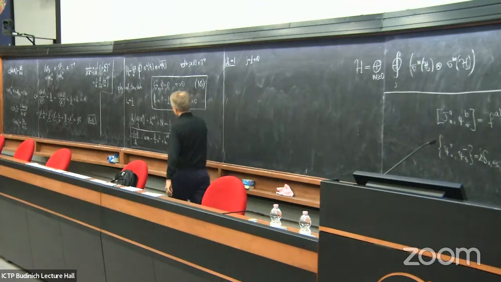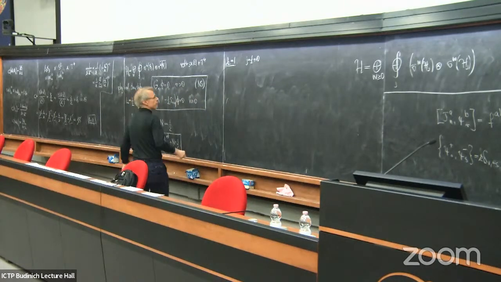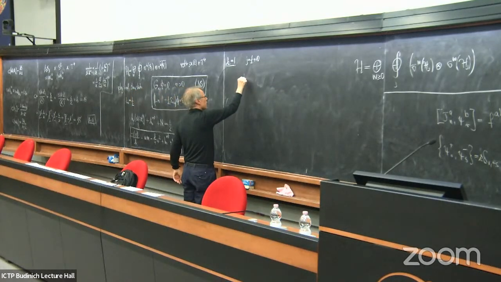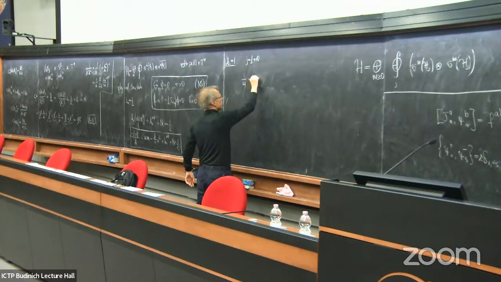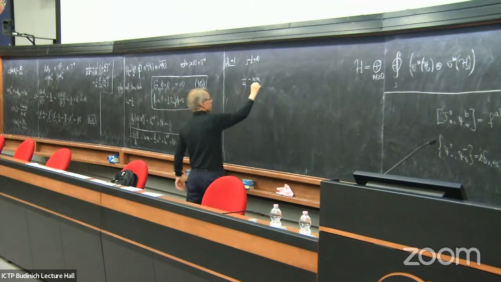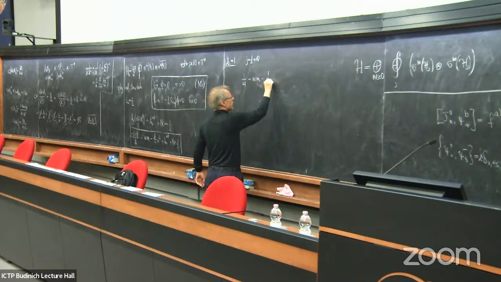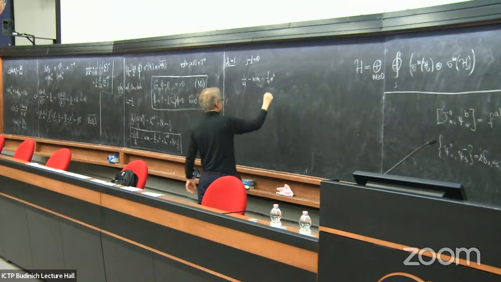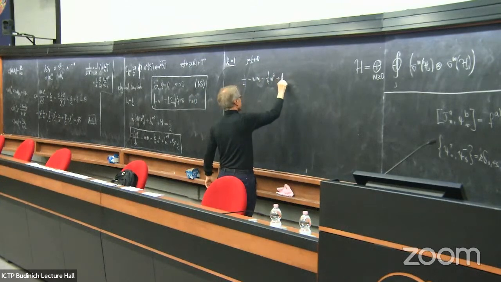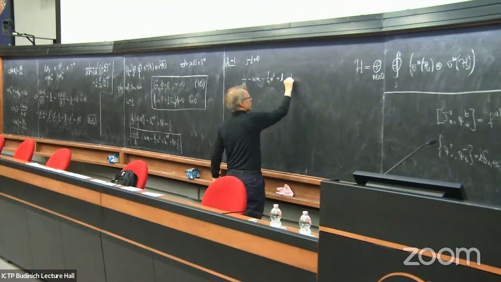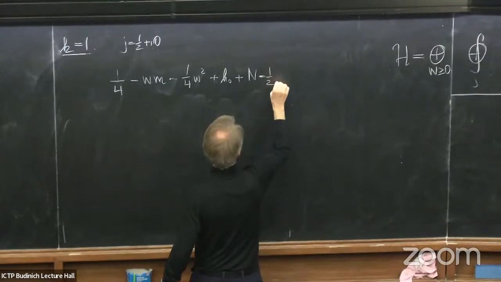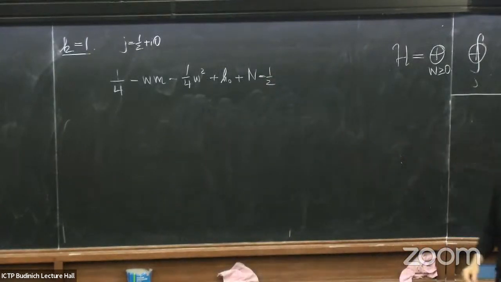Okay, so what's the Casimir? Well, the Casimir is a quarter. So this equation becomes a quarter minus W times M minus a quarter times W squared plus H0, and I stop writing this rest stuff now, plus N is equal to a half. Now this equation I have to solve.